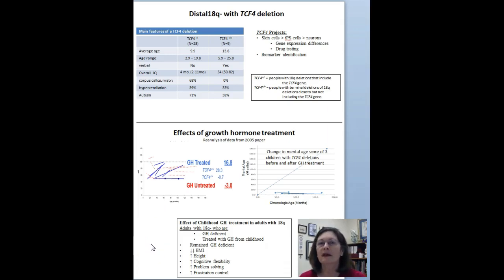They were retested, and they had significantly lower BMI than those who were never treated with growth hormone. They were a little taller, they had better cognitive flexibility, better problem solving, and better frustration control. So they had some behavioral differences as well.